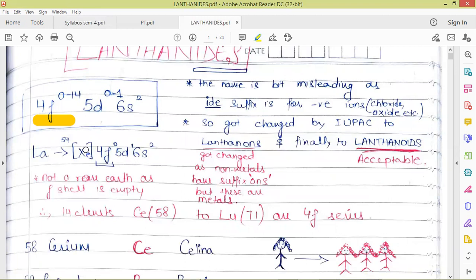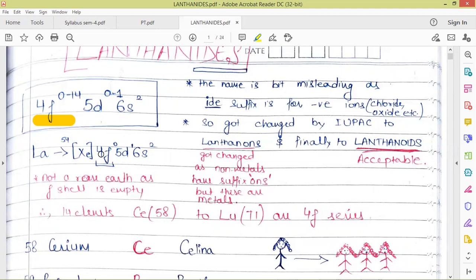So these are the 14 elements coming after lanthanum in the periodic table. These are part of the 6th period of the periodic table, coming after lanthanum, which has atomic number 57. So lanthanum is not an F block element, that is, it is not a lanthanide. The elements coming after lanthanum are called lanthanides because the electronic configuration of lanthanum is Xe 4f0, 5d1, and 6s2.